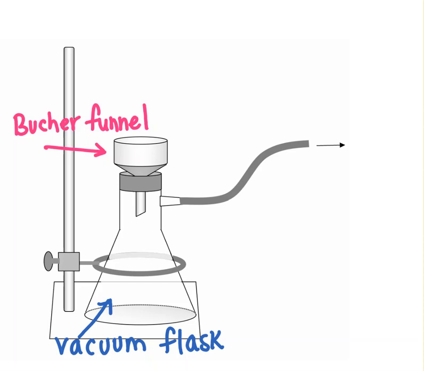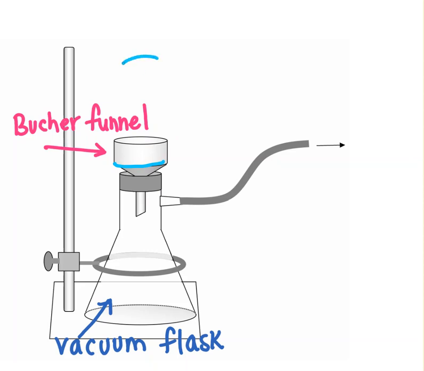Next, we're going to set up our vacuum filtration apparatus. To do this, we use a vacuum flask, which has a little side arm on it. And then we use a Buchner funnel, that's this. It is a funnel, but inside of here, it has a flat base.